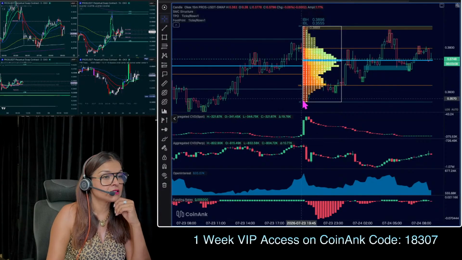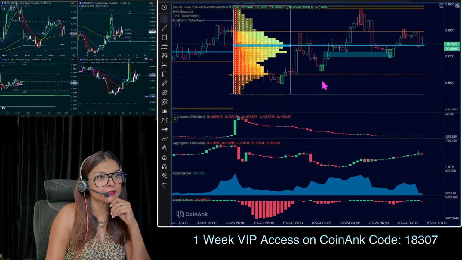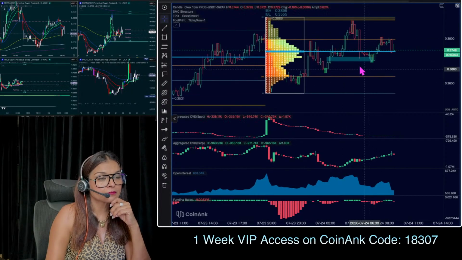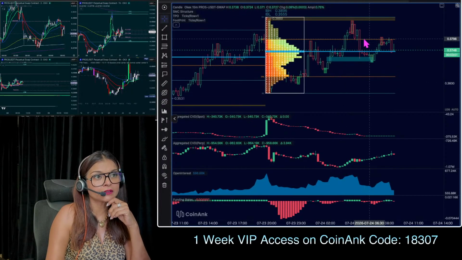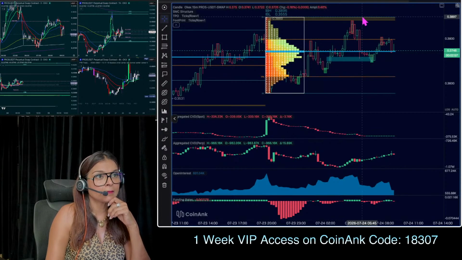So what I'm expecting is that price has already broken down from the value area high, which is this brown line here. And the IB, the initial balance, is a big range here, as you can see. That's a huge range. So it's going to cover both sides of the initial balance.